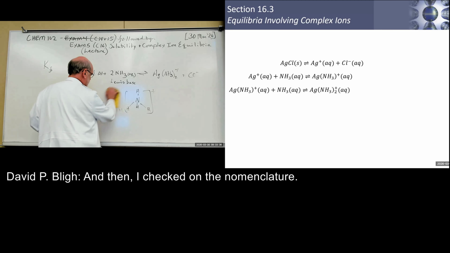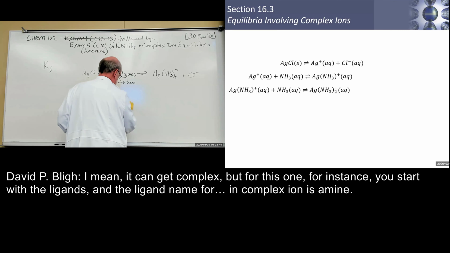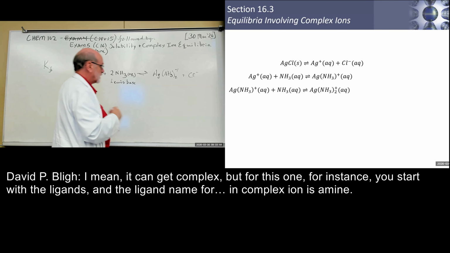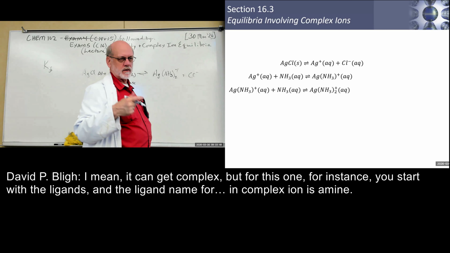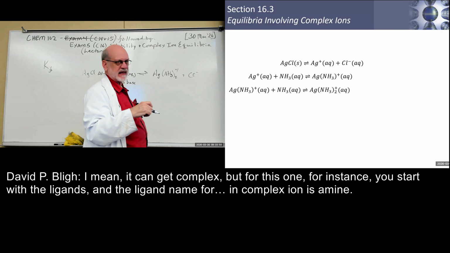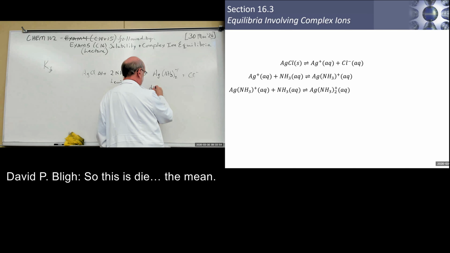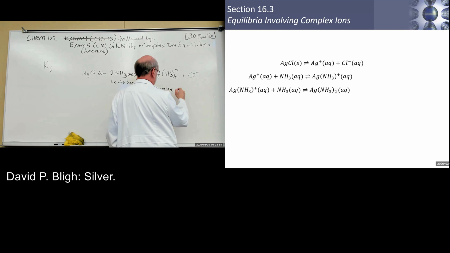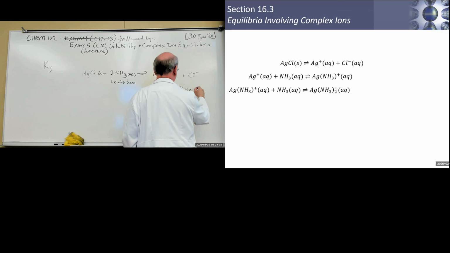And then I checked on the nomenclature. I mean, it can get complex, but at least for this one, for instance, you start with the ligands, and the ligand name in the complex ion is amine. So this is diamine silver ion.